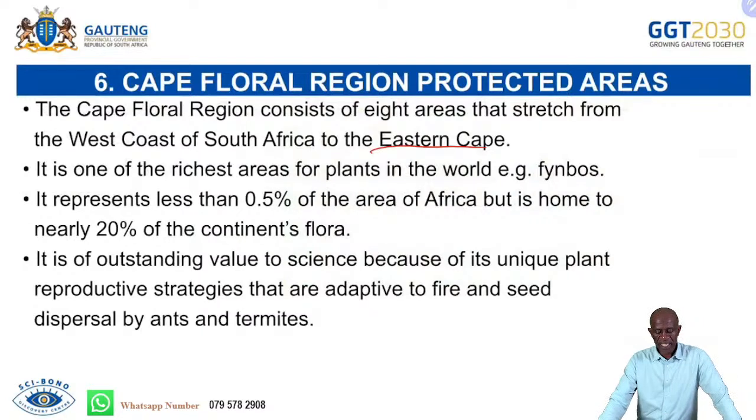It is one of the richest areas for plants in the world. For example, it has some fynbos. It also represents less than 0.5% of the area of Africa that is home to nearly 20% of the continent's flora.